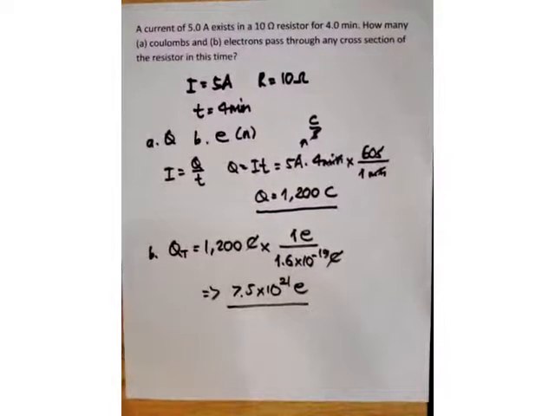Tama ba ako? 1,200 divided by 1.6 times 10 raised to negative 19. 7.5 times 10 to the 21 electrons.